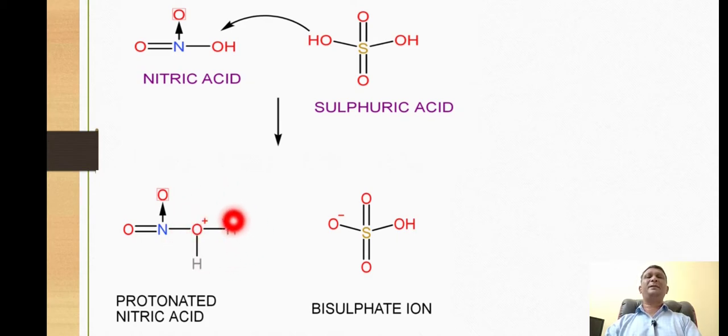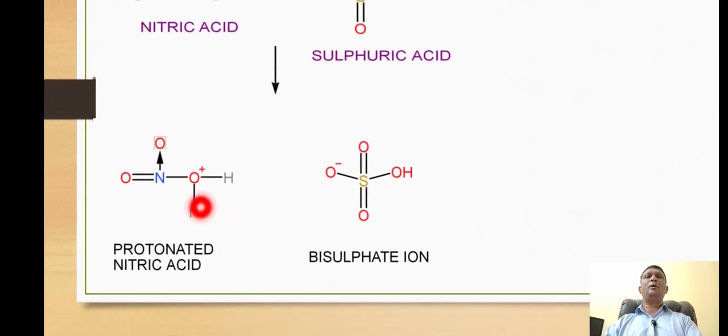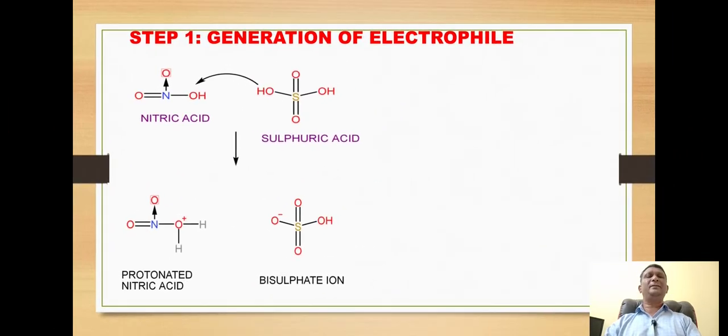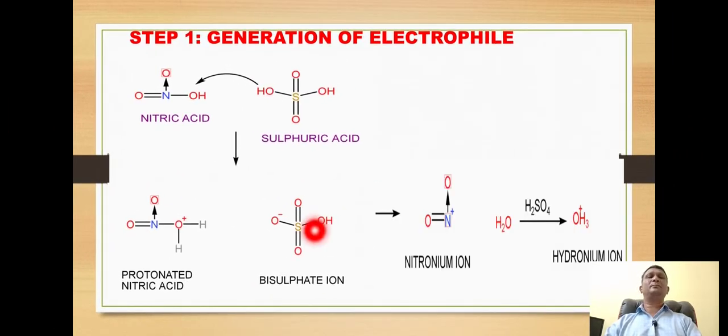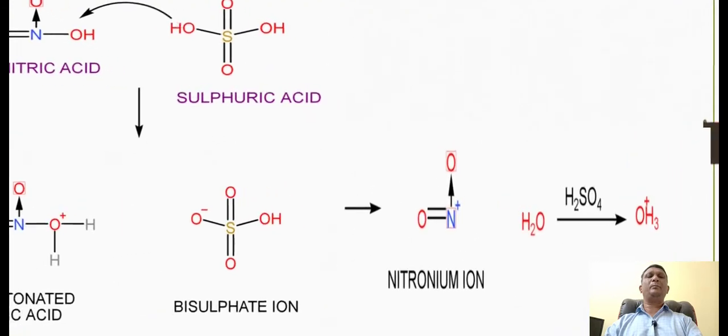Once this species is formed, the H2O molecule will be released. So there is the breaking of the nitrogen oxygen bond, and this leads to the generation of the nitronium ion.